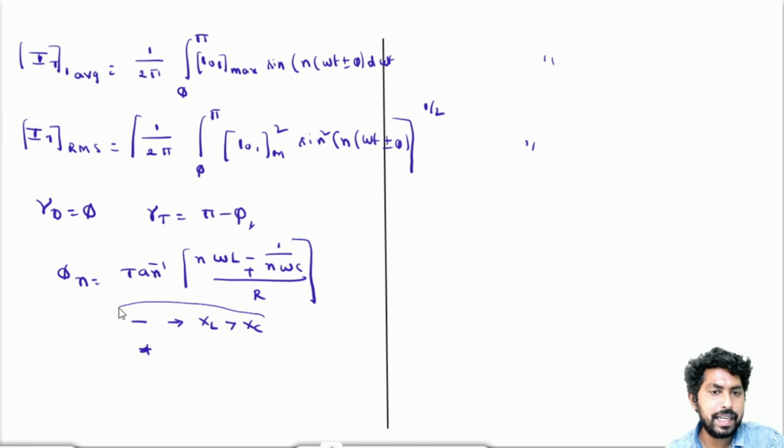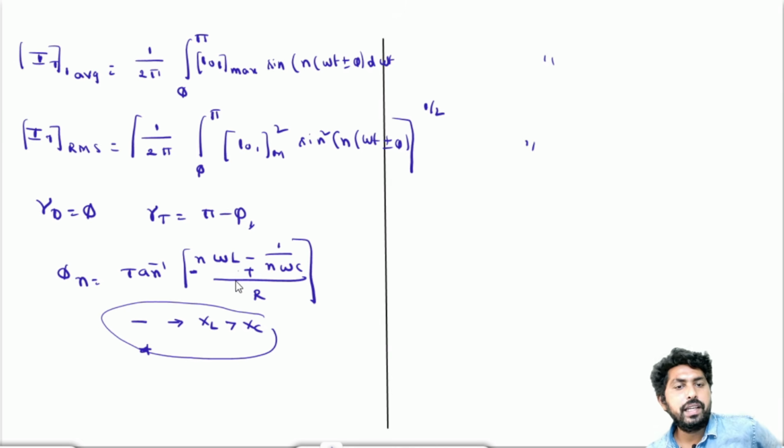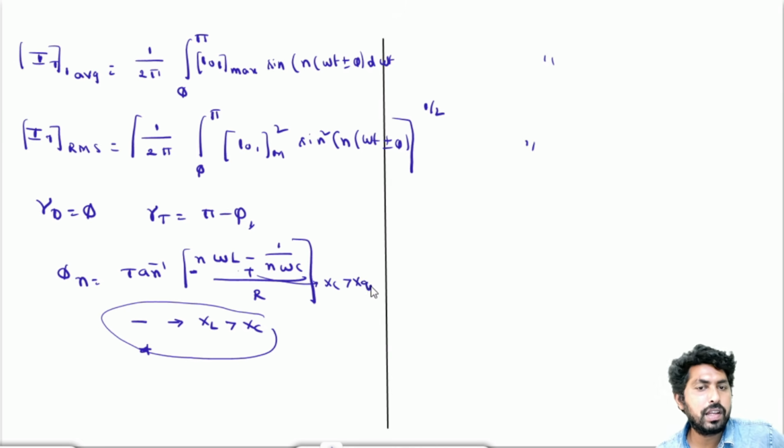When XL is greater than XC, we should get the negative here. When XC is greater than XL, we need to take the reverse polarity for the 1 by n omega C term. So we got the phi n also.